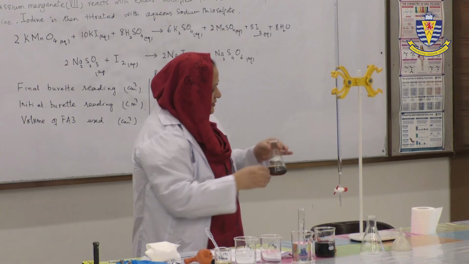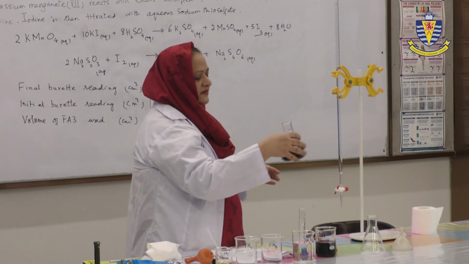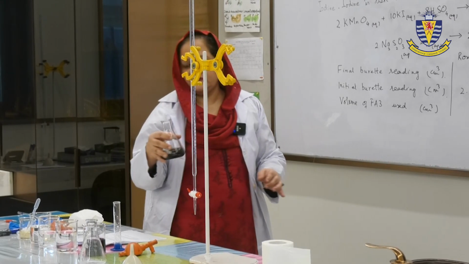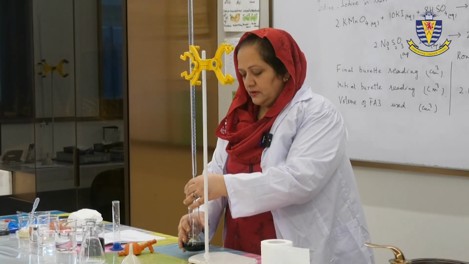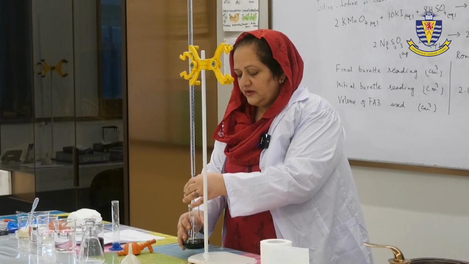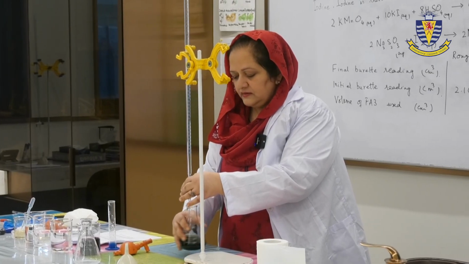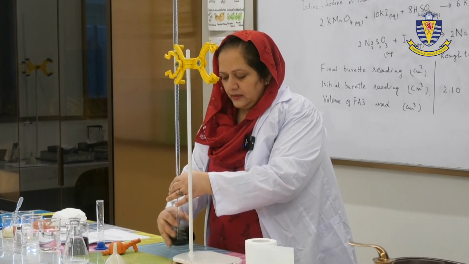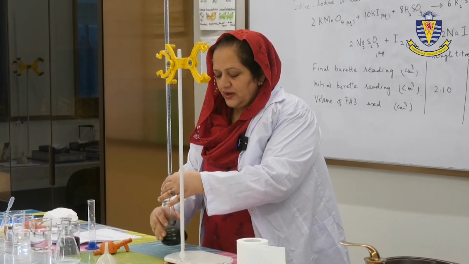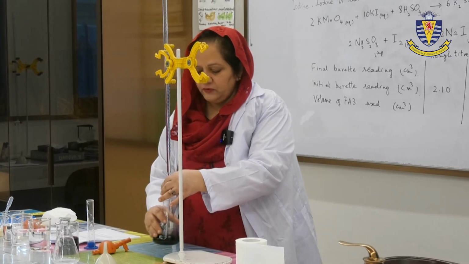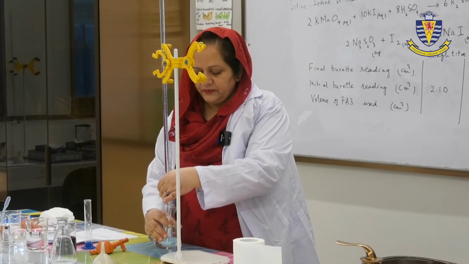The iodine has made the starch iodine complex, and that is a blue-black color. Now we will continue titrating, and this is going to give you a sudden color change, so you have to keep the flow of the titer dropwise.